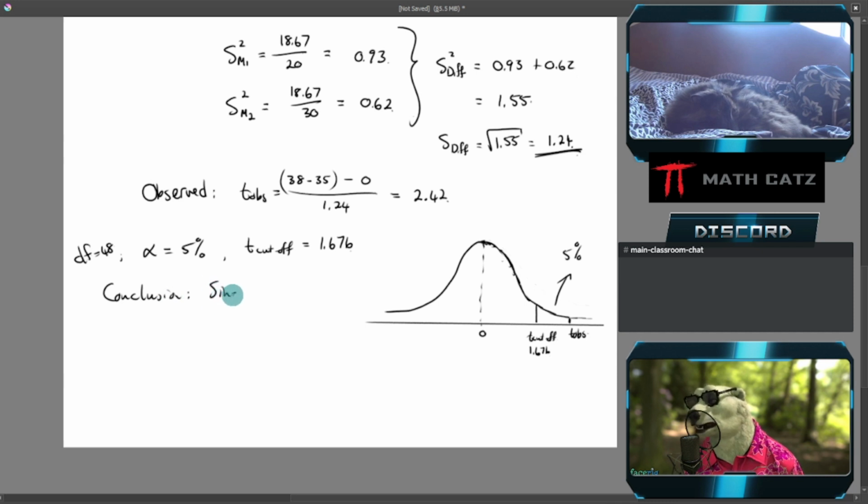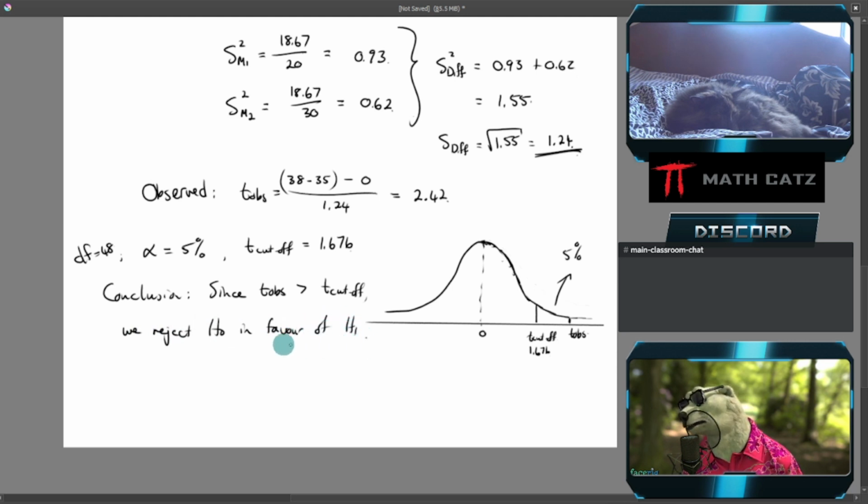So since t observed is greater than t cutoff, we reject the null hypothesis in favor of the research hypothesis.